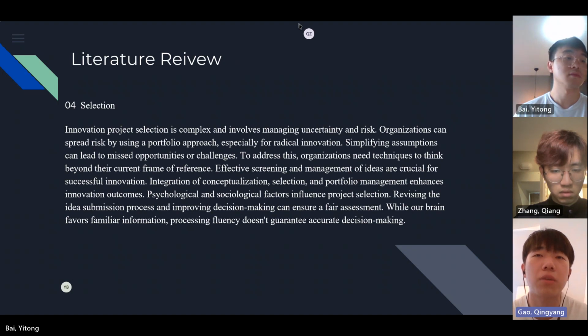Effective screening and management of ideas is crucial for successful integration; conceptualization, selection, and portfolio management enhance innovation outcomes. Psychological and sociological factors influence project selection. Revising the idea submission process and improving decision-making can ensure fair assessment. Our brains favor familiar innovation, and process fluency doesn't guarantee accurate decision-making.